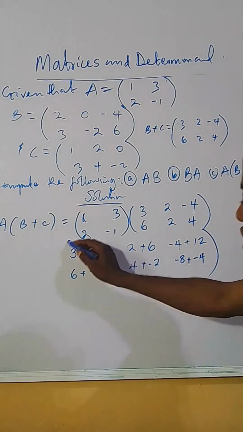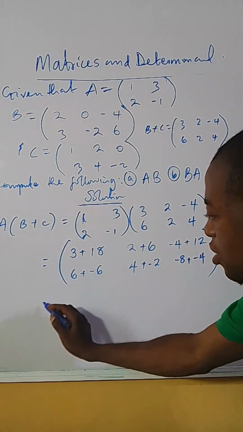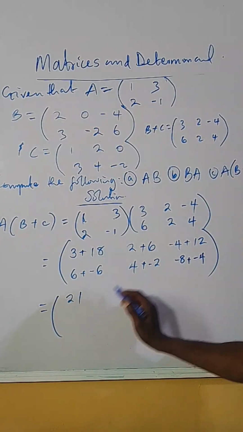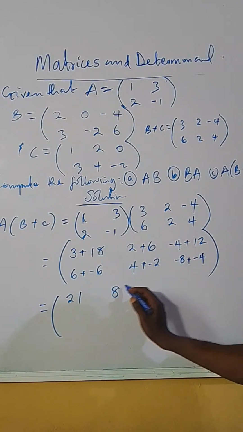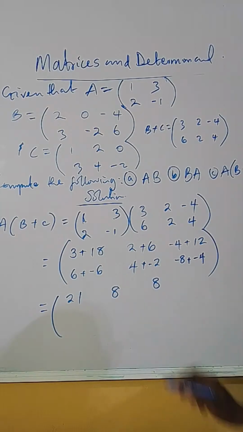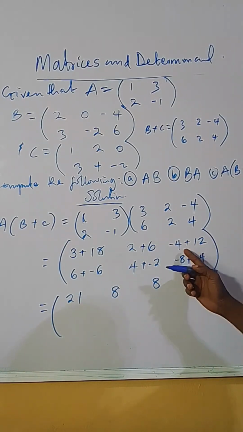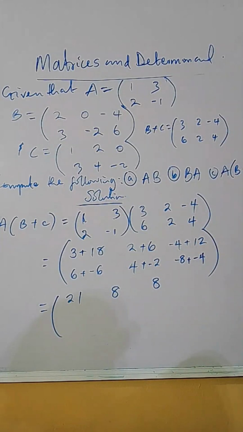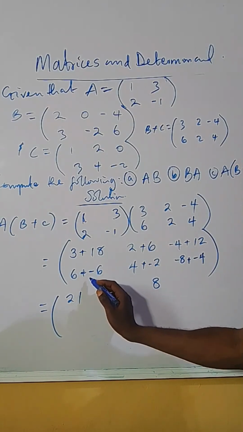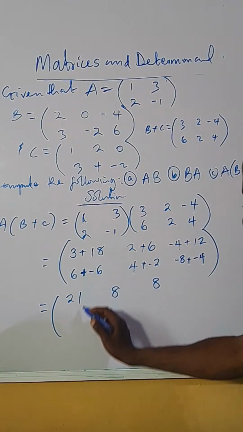So we have this. By the time we simplify this, 3 plus 18 gives us 21. 2 plus 6, 8. Minus 4 plus 12, that's 8. Then here, 6 minus 6, because plus minus becomes minus. So 6 minus 6 is 0.